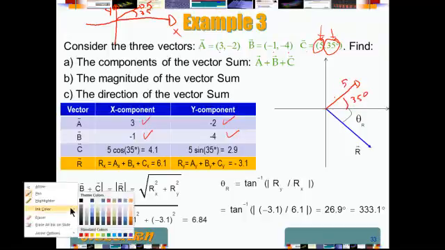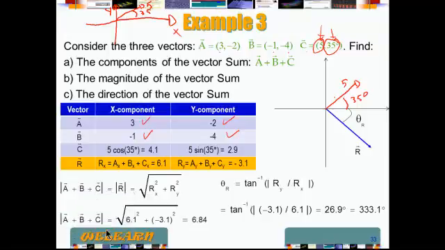Now if I choose a different color pen, my Cx is going to be this, and my Cy is going to be this. So Cx is actually adjacent to the angle.